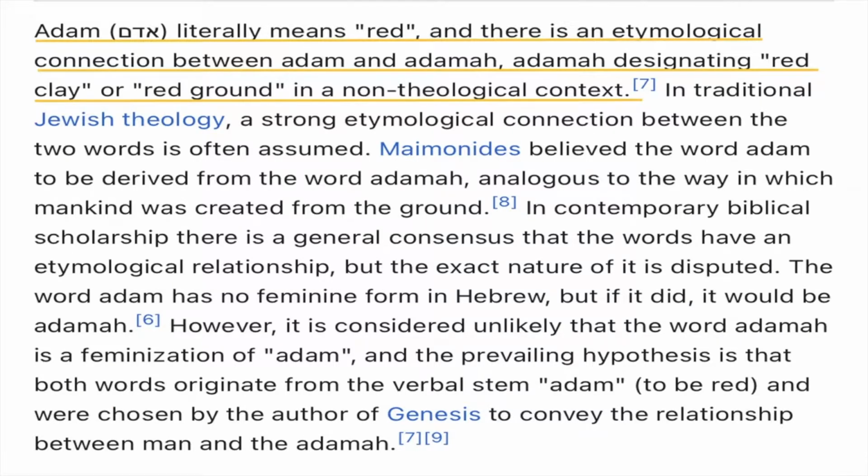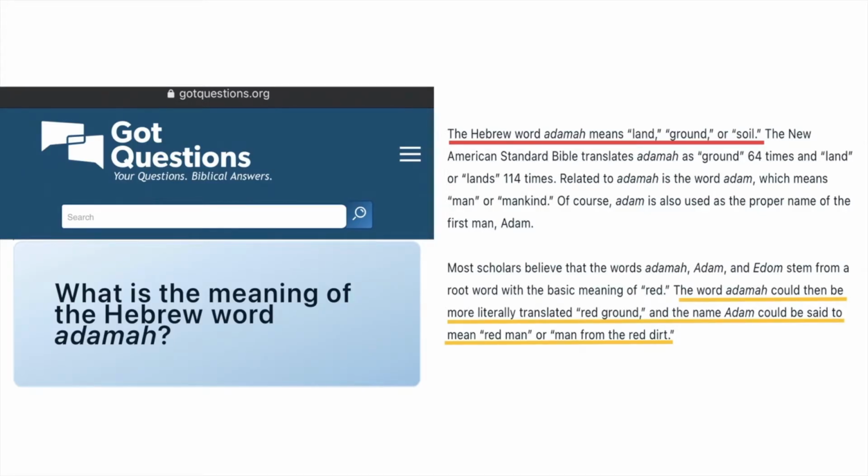Adam literally means red, and there is an etymological connection between Adam and Adamah. Adamah designating red clay or red ground in a non-theological context. The Hebrew word Adamah means land, ground, or soil.